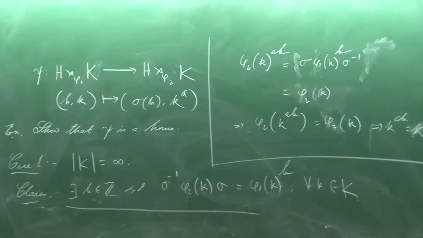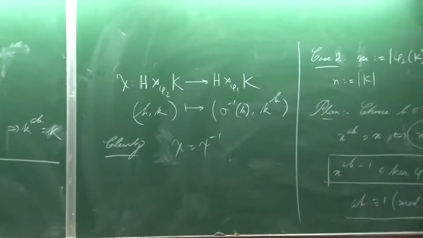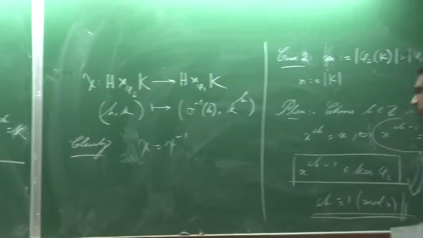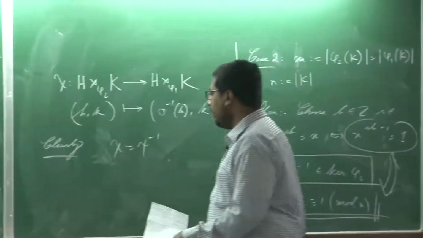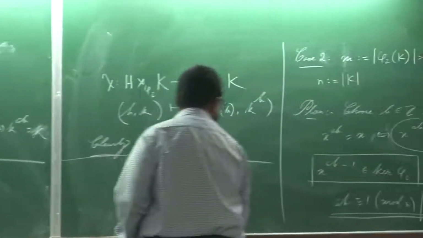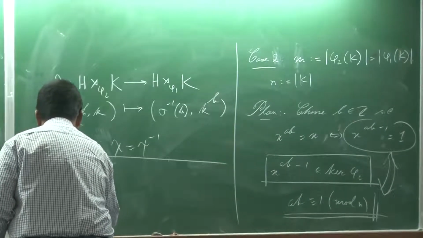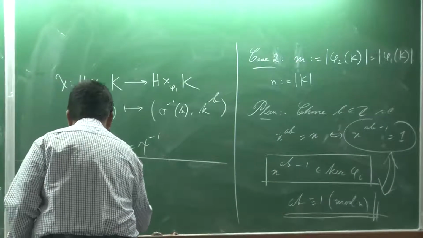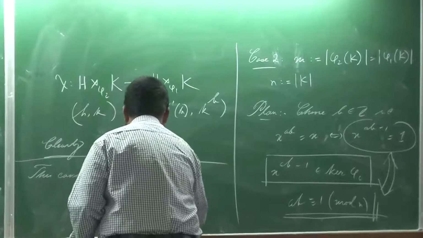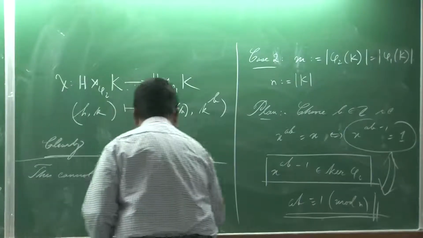So here we will try to choose a b such that this happens. Now again observe, how can this happen if a is not coprime to n? This cannot happen unless a is coprime to n.